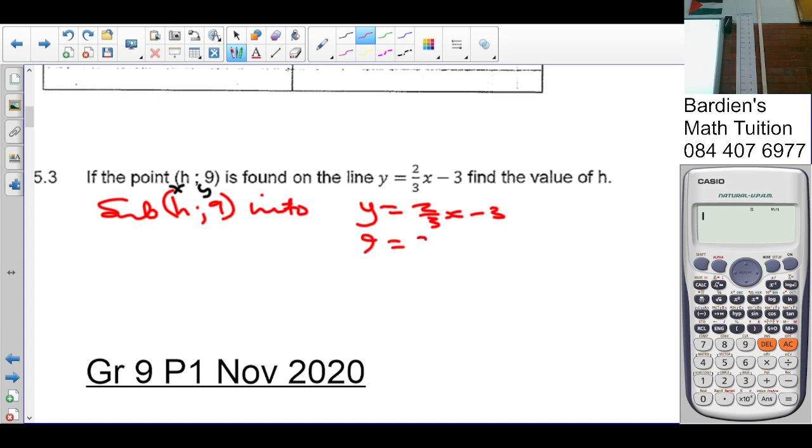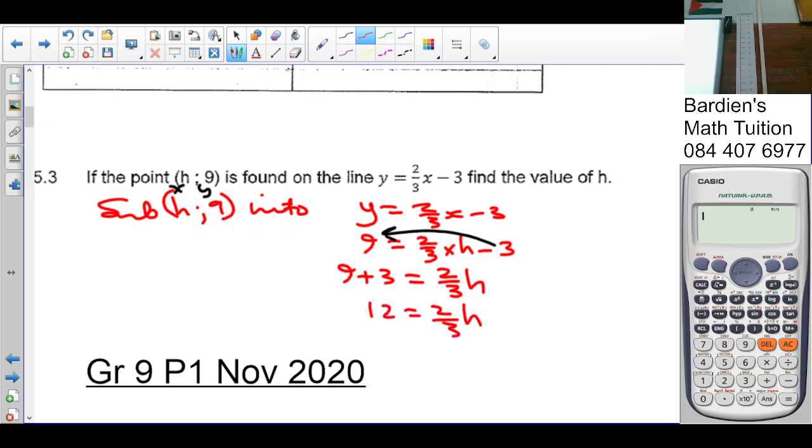9 is equal to 2 over 3 times h minus 3. Okay? So we solve for h, we take the 3 over, becomes 9 plus 3 is 2 over 3h. What's 9 plus 3? 12. So 12 is equal to 2 over 3h.